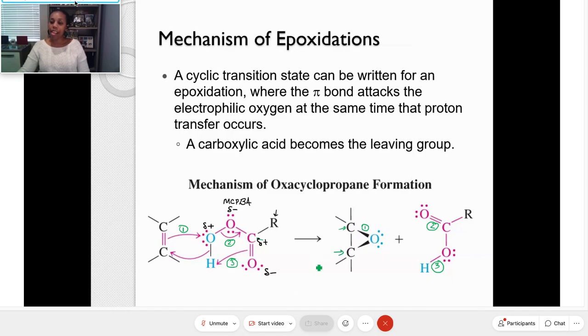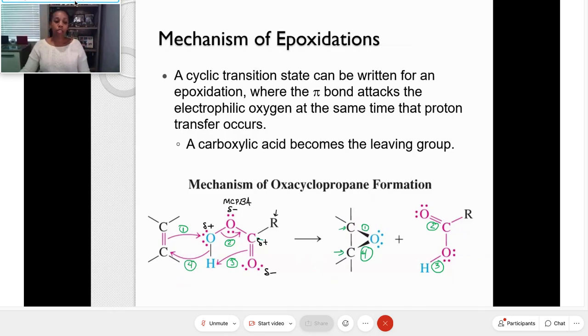So instead of leaving that as a carbocation, we can bring in more electrons. So we bring in this arrow number 4, where now oxygen says, oh, I have more electrons that I can share with you now. Because I lost that hydrogen that I was sharing electrons with, now I can share them with you, carbon that had a positive charge.